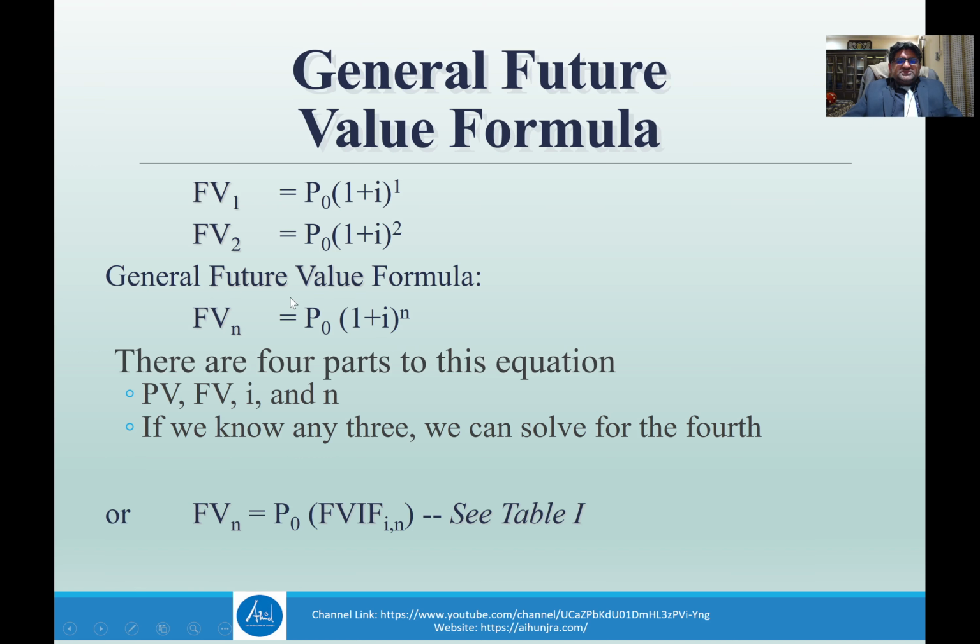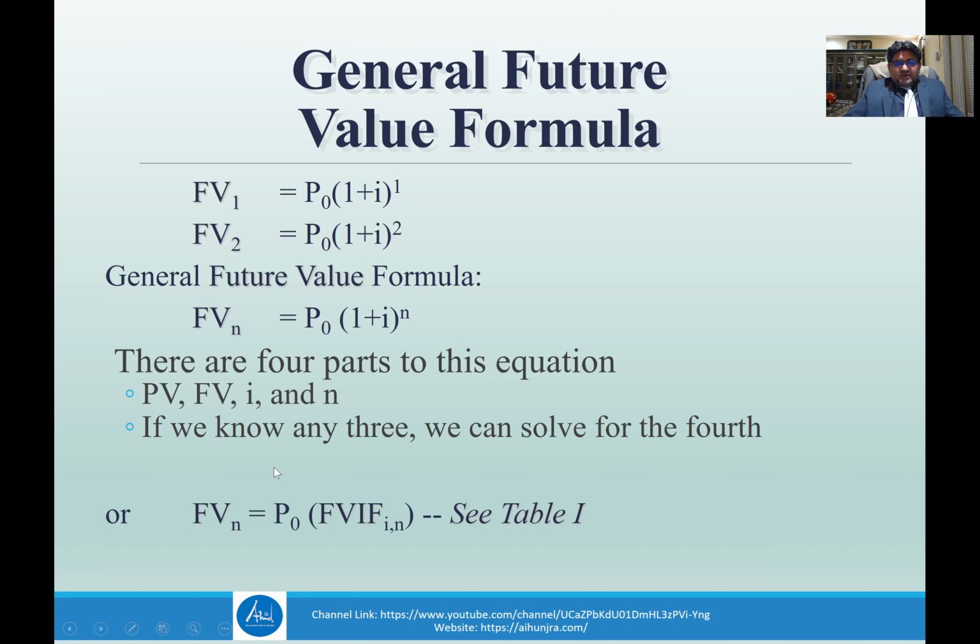We can solve the time value questions by 3 approaches. First one is by formula. Second, this part is the interest factor, called the future value interest factor. The second approach is that we can extract the future value interest factor value from the interest factor table.